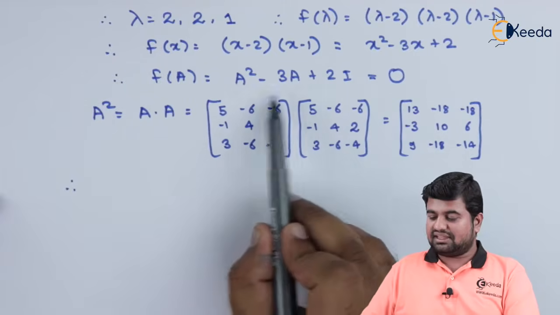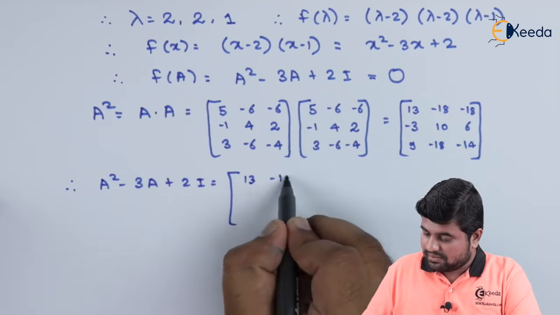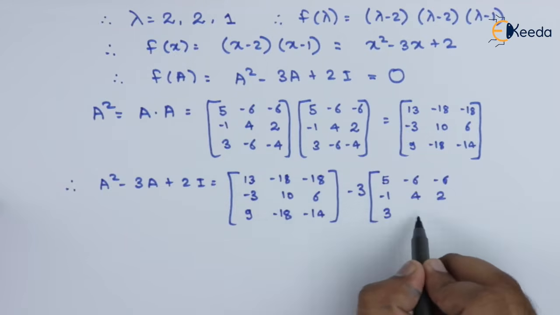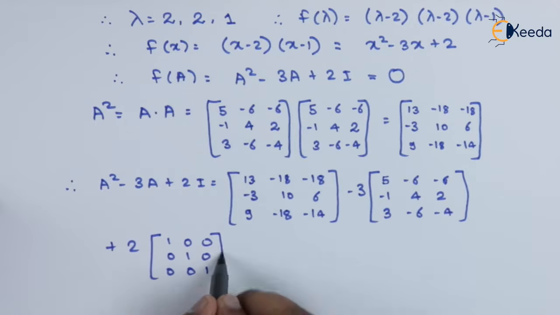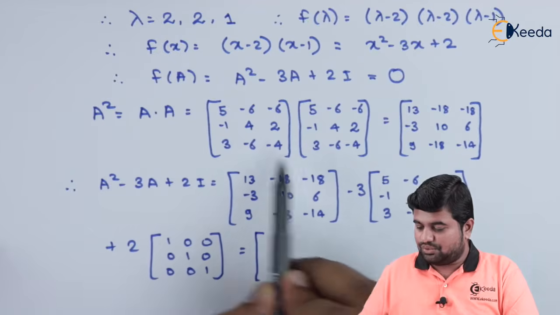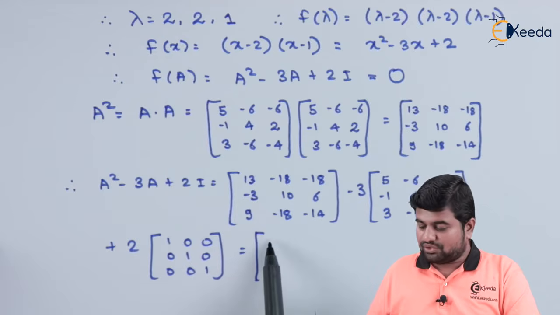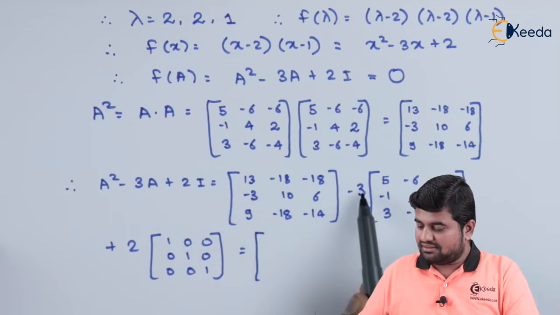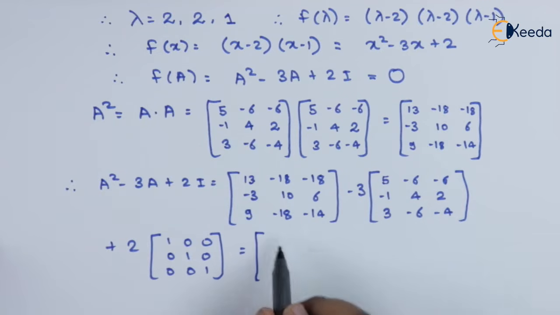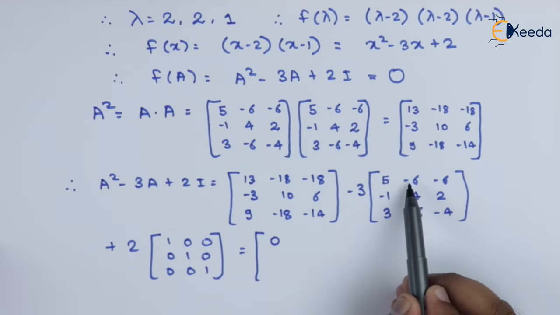Now let us put everything into this equation and let's see what results we get. So we have written all the values of A square minus 3 into original matrix A plus 2 into identity matrix I. So I am going to calculate the first element. 13 minus 3 into 5, which is 13 minus 15, minus 2, plus 2 is equal to 0. 18 minus 3 into minus 6, which is plus 18.